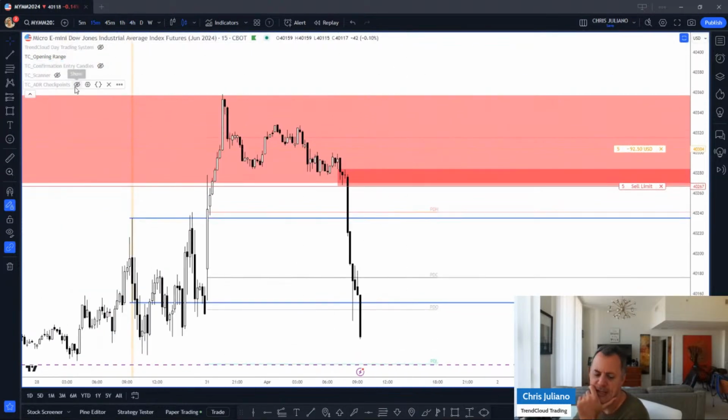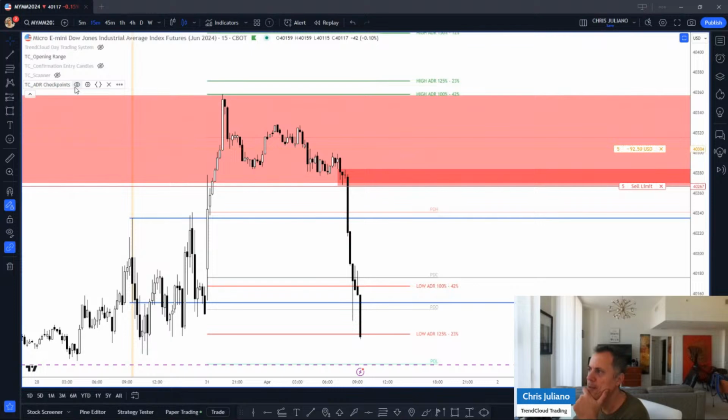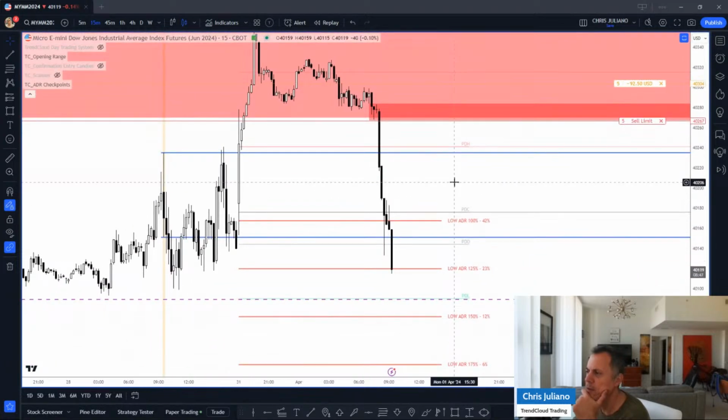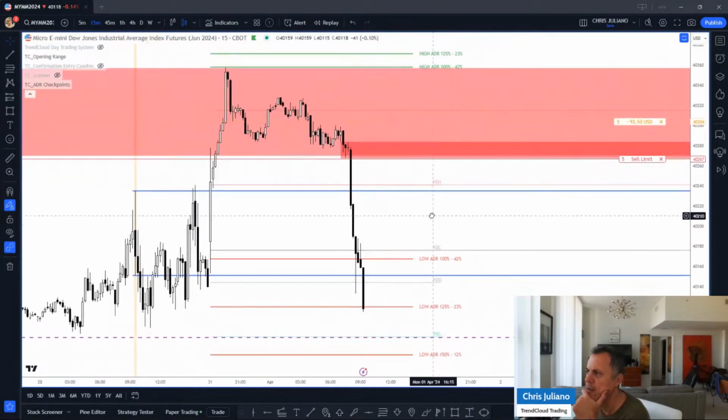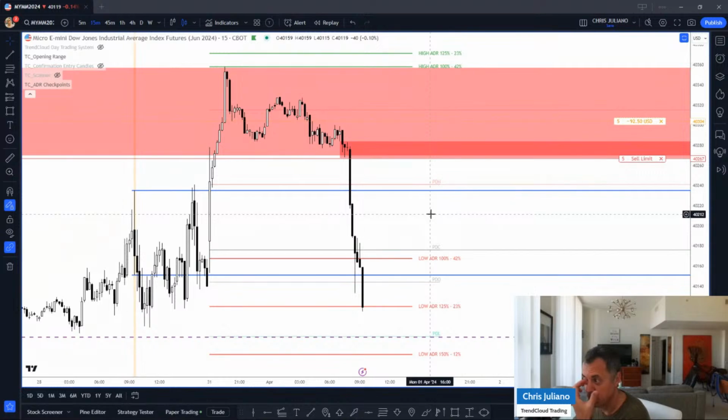Let's put those ADR checkpoints. So this does have, oh, okay. So look at that. We've already hit that second ADR checkpoint here.